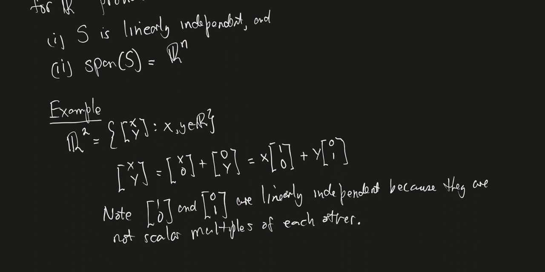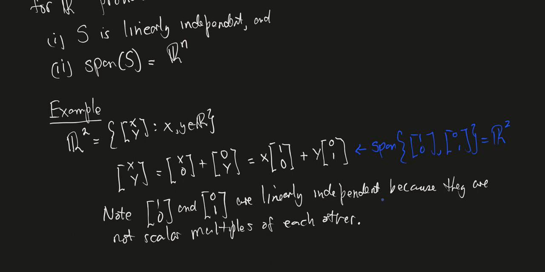So what does this show? This line here shows that every vector in R2 can be written as a linear combination of these two. So this line here actually shows that the span of these two vectors, 1, 0 and 0, 1, is equal to R2, right?